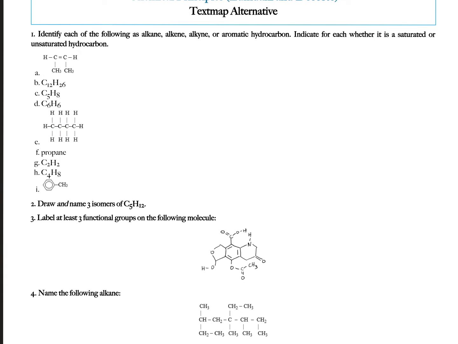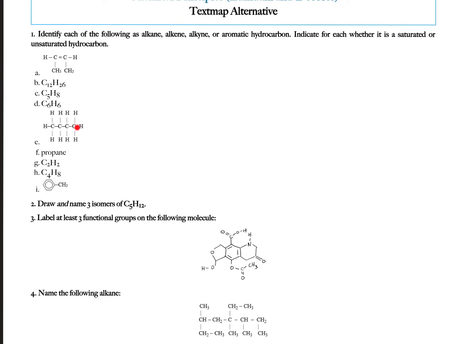This has 1, 2, 3, 4 carbons. Each one of these carbons has 2 hydrogens, except for the carbons on the end. Both of them have an extra 3rd hydrogen. What that means is when you have an alkane, no matter how long or short the chain is, the number of hydrogens will be double the number of carbons, plus you'll have 2 additional hydrogens.